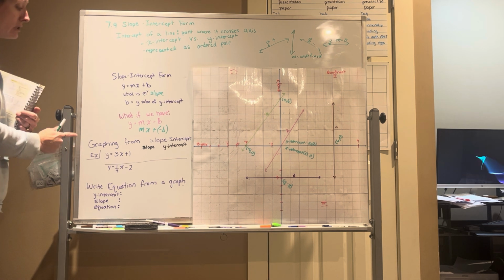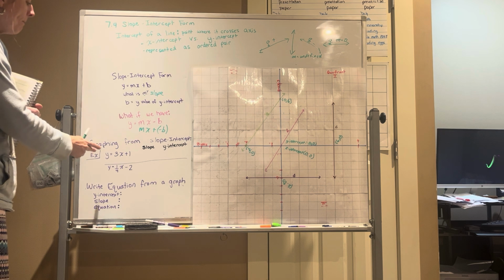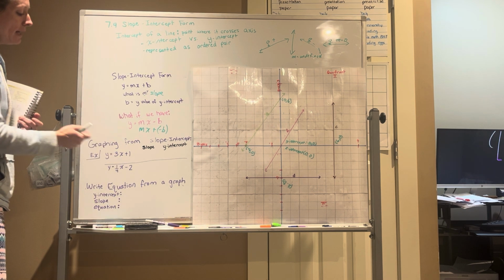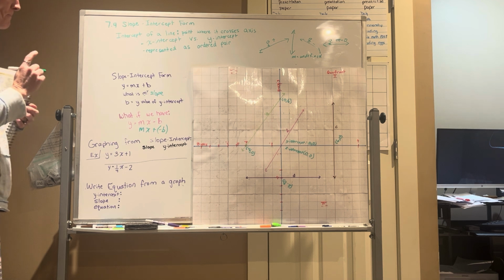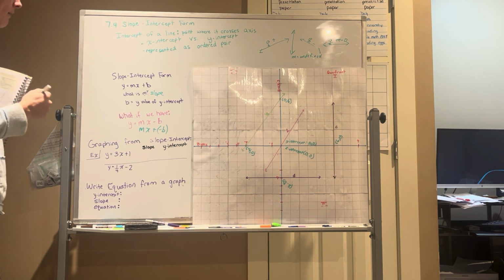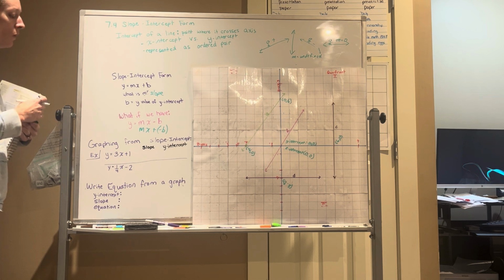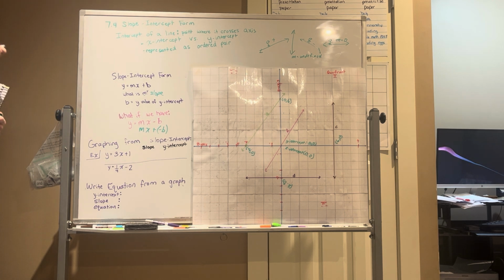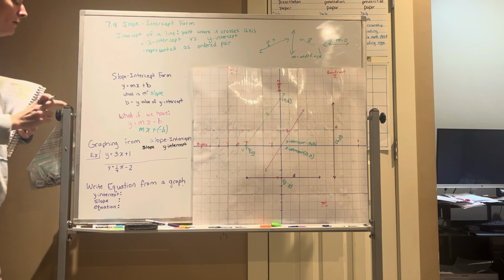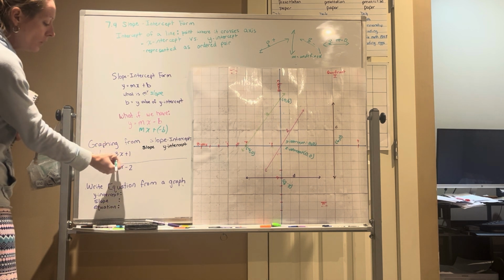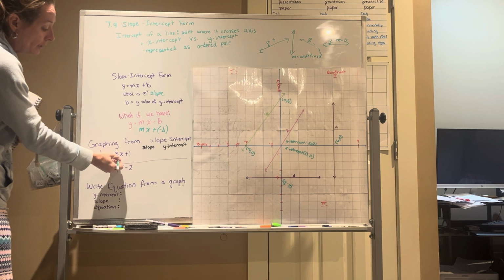Graphing from the slope-intercept form. Here we have two equations, y equals 3x plus 1. If we're going to graph this equation and you're asked to graph that line from the slope-intercept form, you can actually very easily do it.